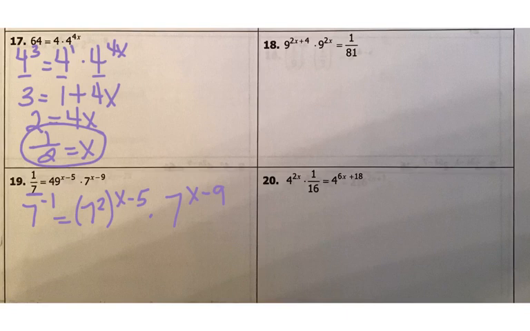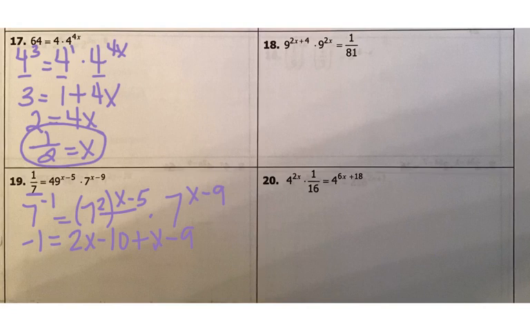Okay, so from there, we just have one section to use those power rules, and everything else is just going to drop down. So we have negative 1 equals 2x minus 10, and then plus, because we have a positive x, so it's going to be plus x minus 9.